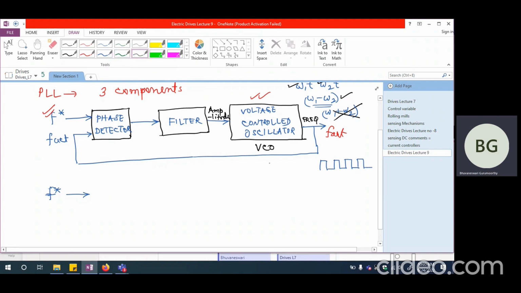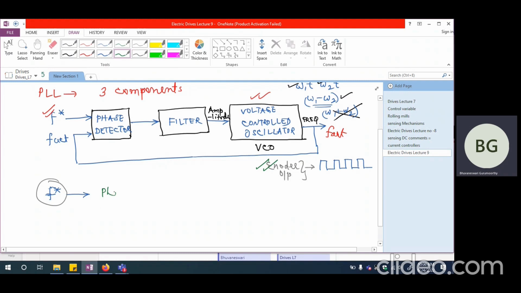So this is essentially the encoder output. The encoder output will be at a particular frequency for a particular speed. So if I want a particular speed, indirectly I should be able to give the reference speed I want to obtain, which will indirectly tell me what is the reference frequency that I need to get out of this encoder. So the encoder is going to decide basically what is the reference frequency or reference speed.